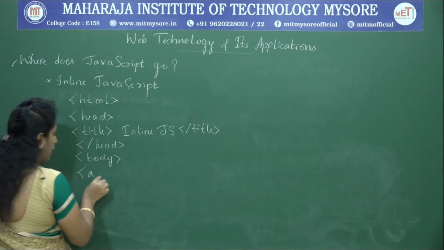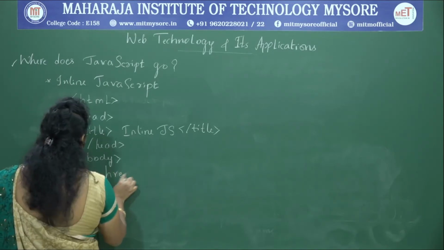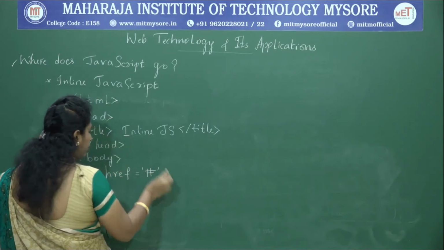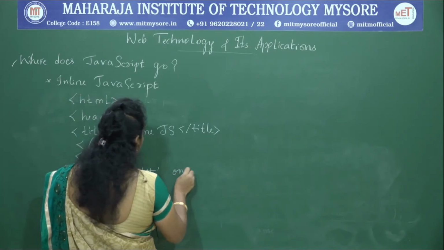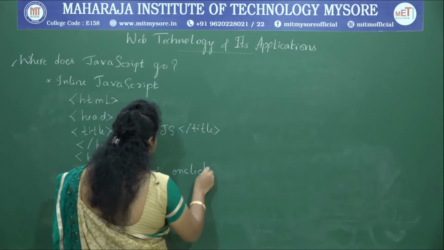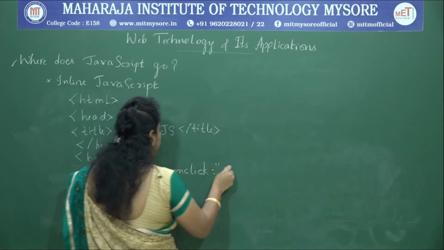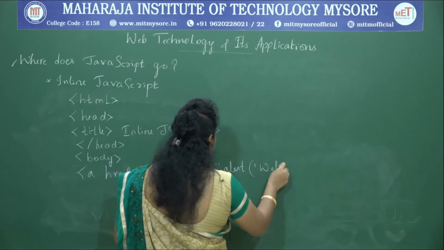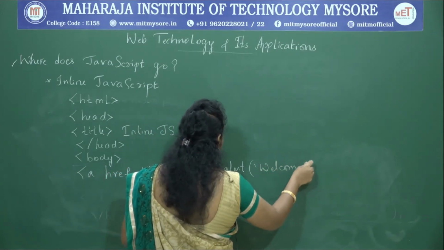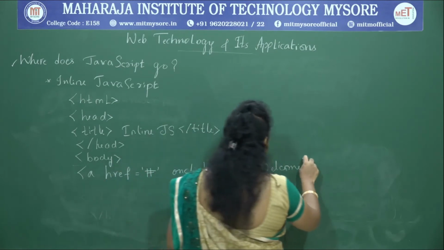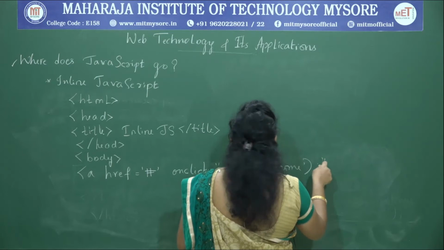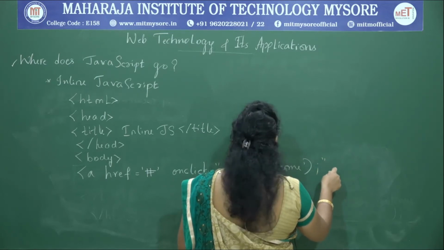Okay, so now I am going to take one more example on this. Going to use an anchor tag, href equals hash, then onclick I am giving alert welcome, then close these double quotes.